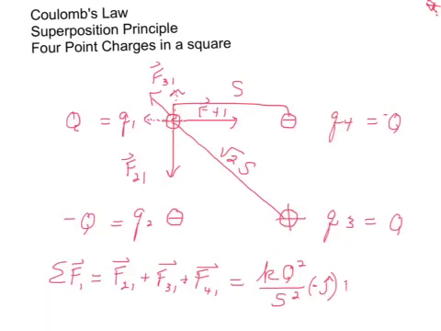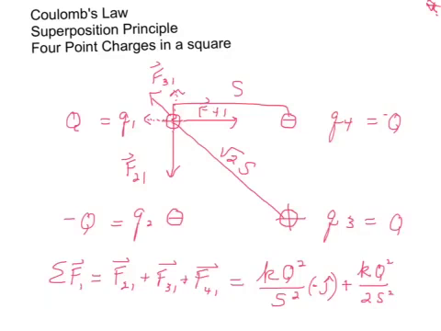So if I were to write this in, let's see if I can squeeze this in, we would have k q squared over, notice the distance is square root of 2 s squared, so when we square that it becomes 2 s squared.